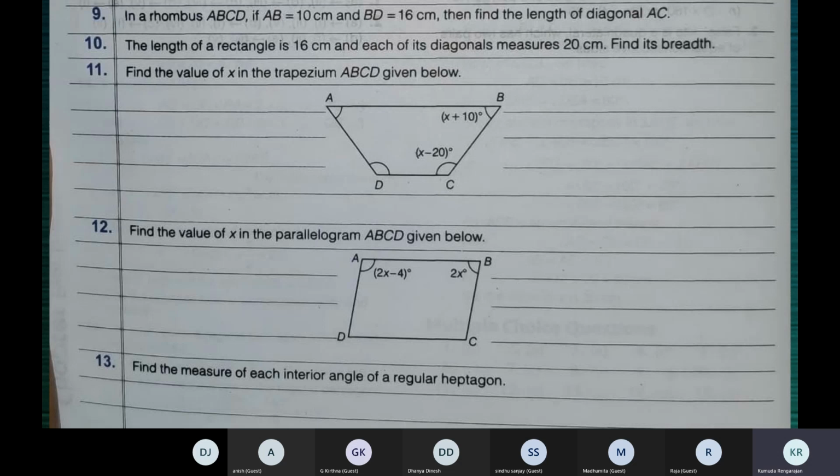Rhombus. Please make a note. Work the 13th one, and then the 9th one. I'll just get back, children. Please try.